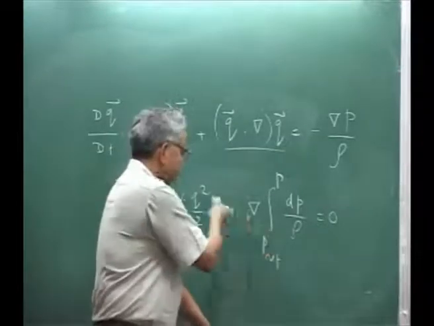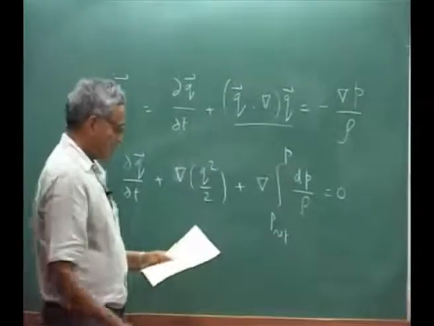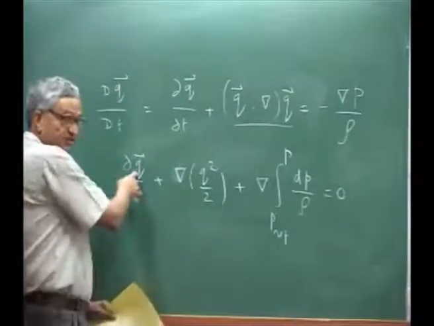Now you again readjust. That readjustment comes because you know that q is del phi.